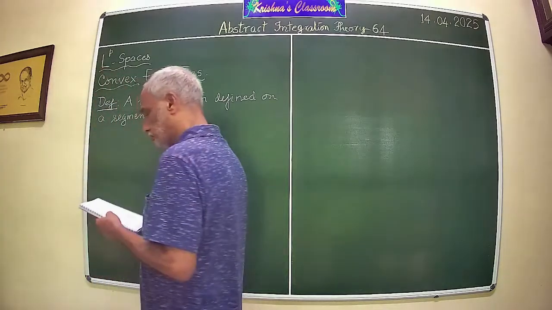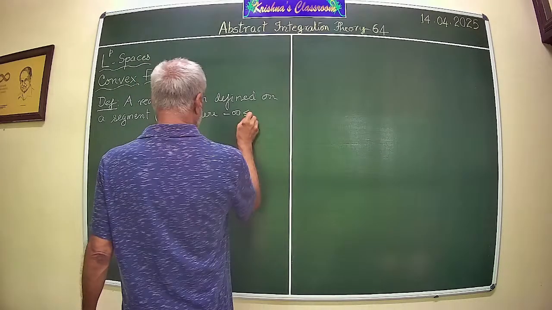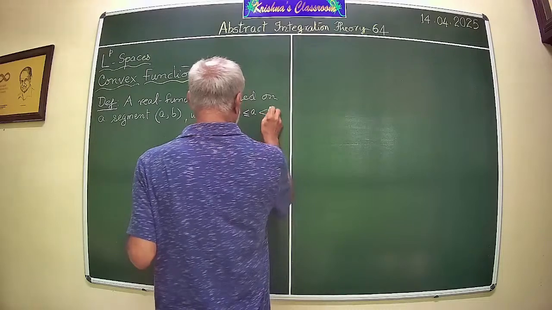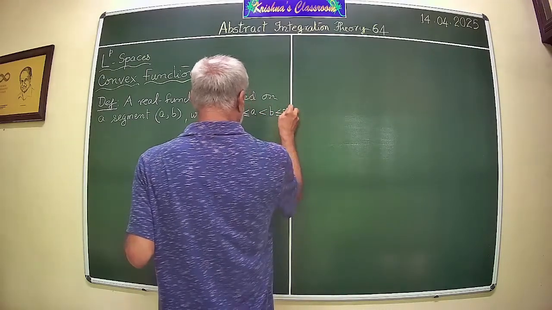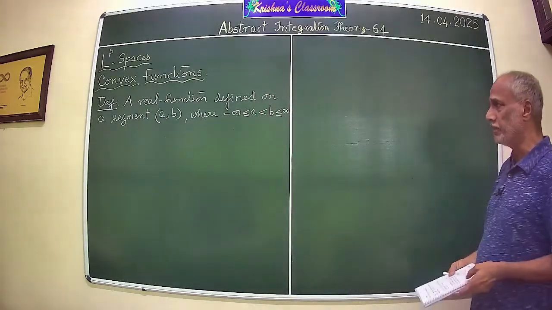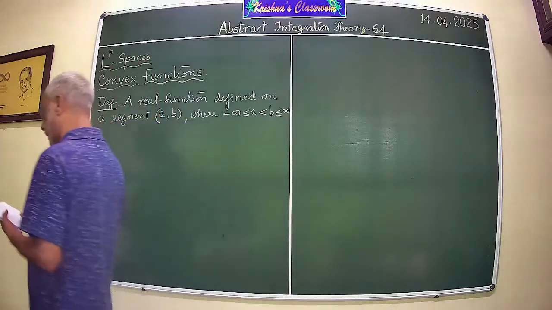AB, where minus infinity is less than or equal to A, less than B, less than or equal to infinity. That means the interval could be minus infinity to infinity, so that's the whole real line.